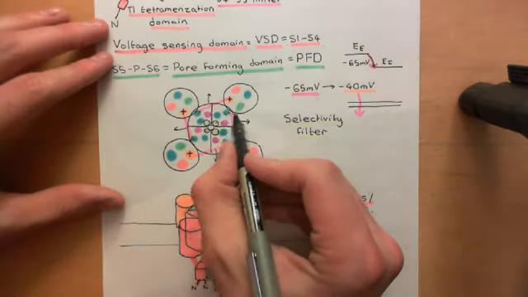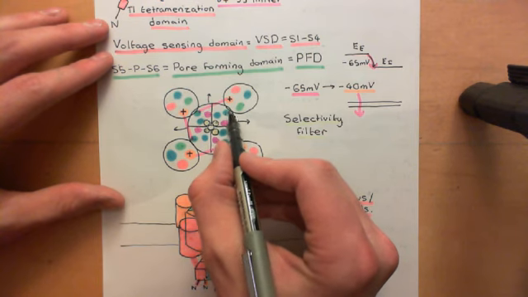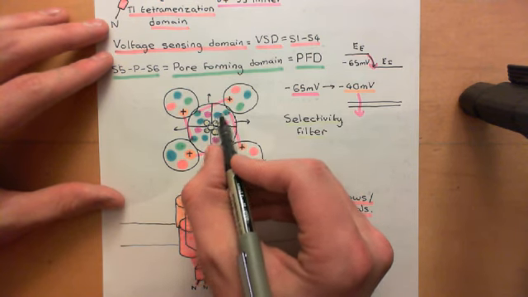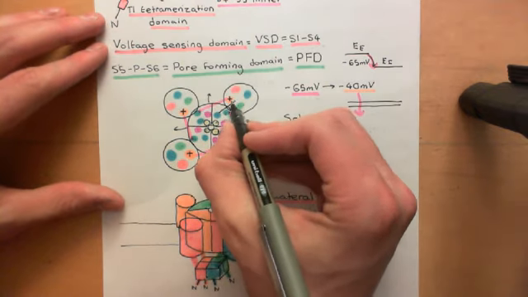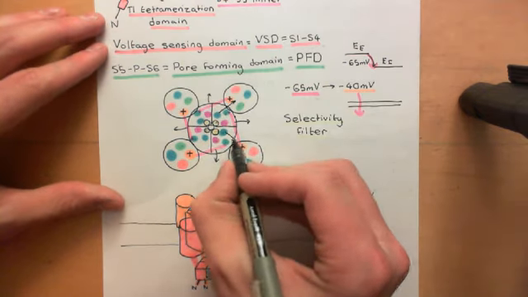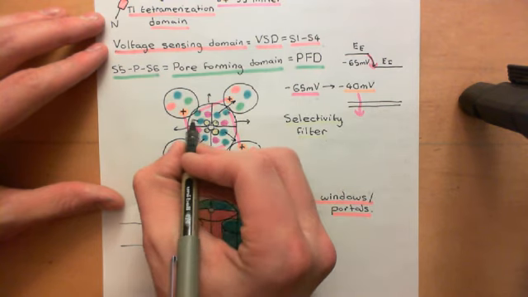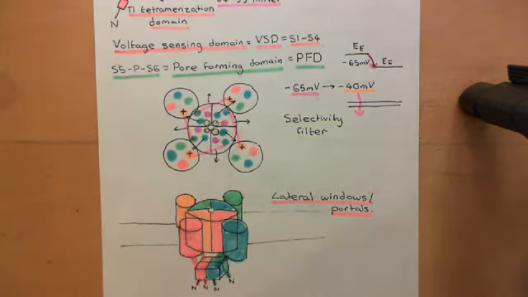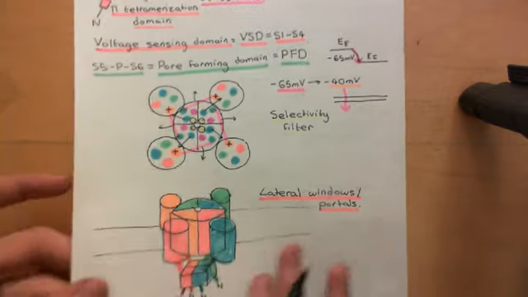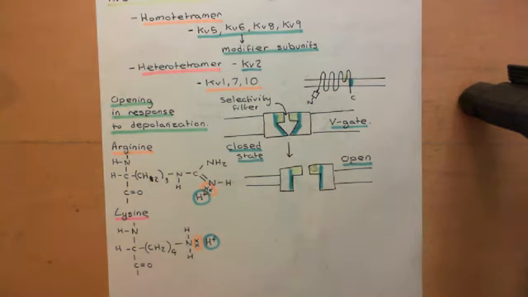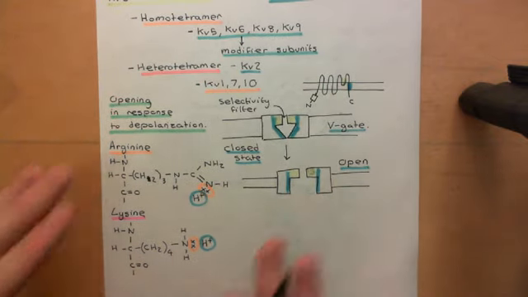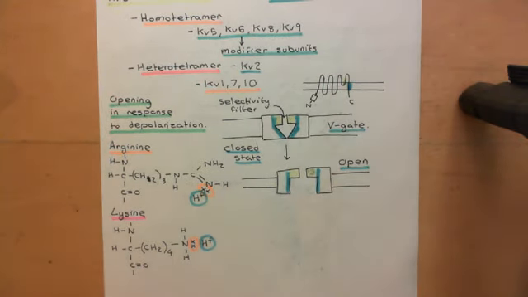And when these pull outwards, they pull outwards on the S5 helix, which then seems to allow the S6 helix to also move outwards. So it's thought then that what you end up getting is all of the S6 helices moving outwards in response to this. And that's exactly what we now want, to turn our pore from this closed state where the S6 helices are all moving inwards on the intracellular side to the open state where they're all more peripheral, basically.